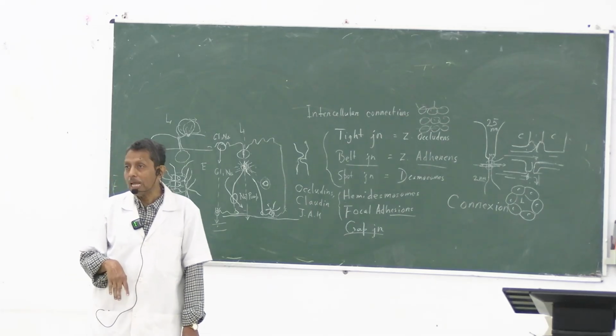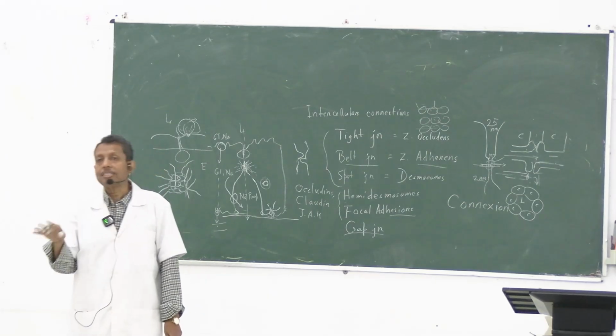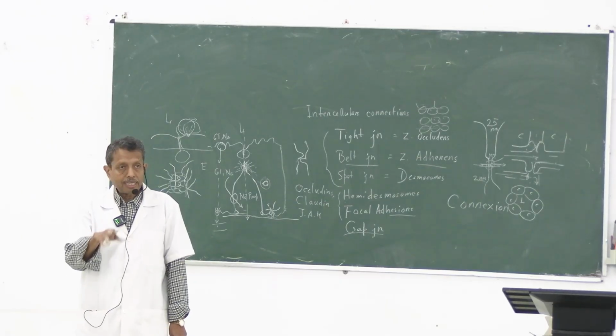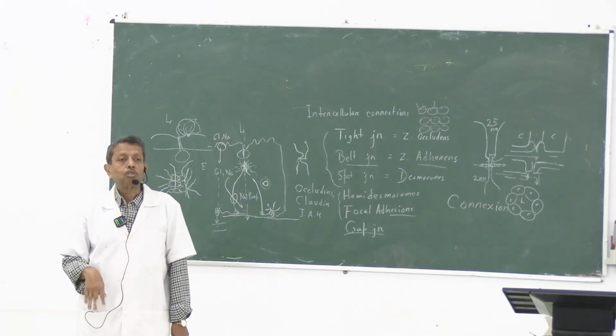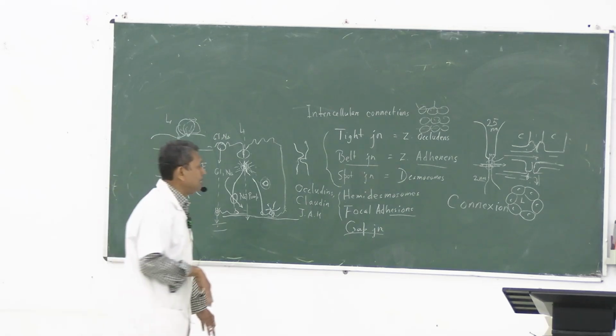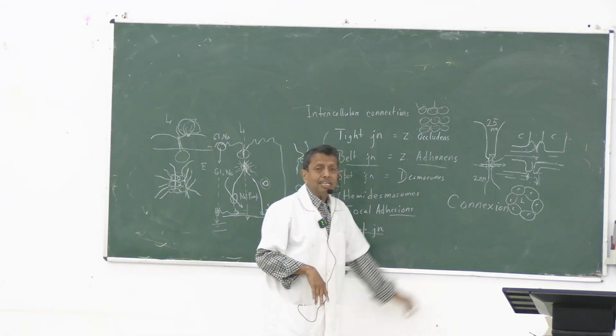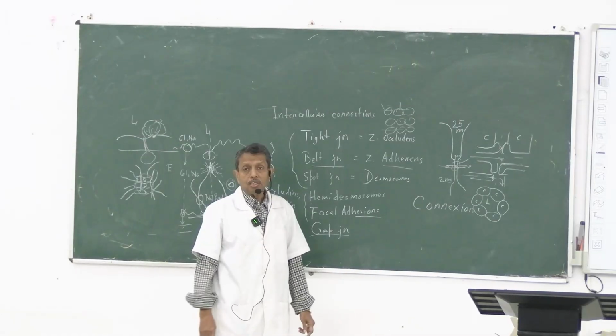But in this visceral type of smooth muscle, all the cells do not require innervation. An action potential generated in a cell for depolarization will spread through these gap junctions. And it is related to development, and also some diseases are linked to these connections.